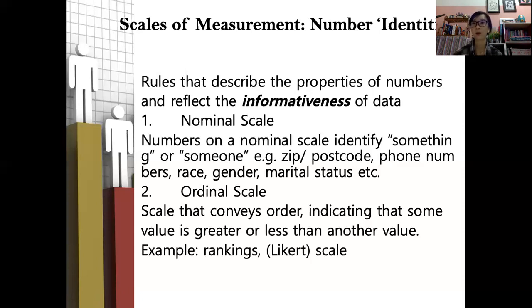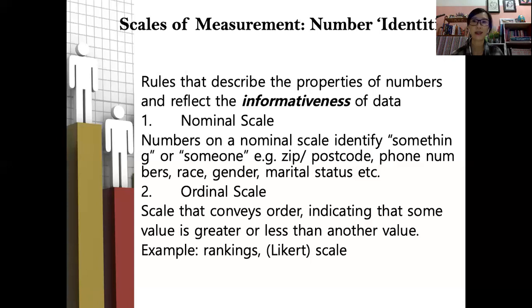You cannot have words or categories and then put words or categories into formula, right? You have to have the numbers or numerical data. So that's why we change some categories into assigned numbers.